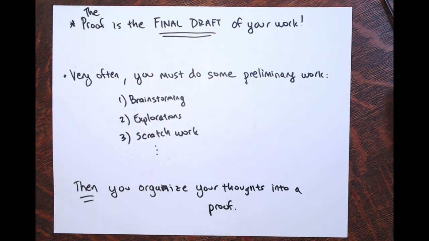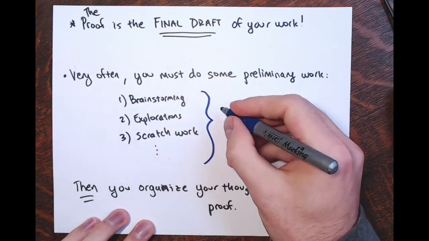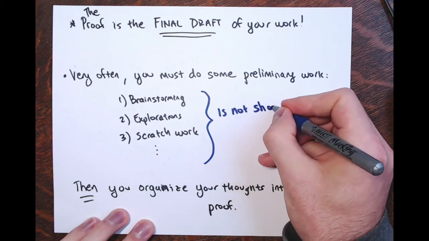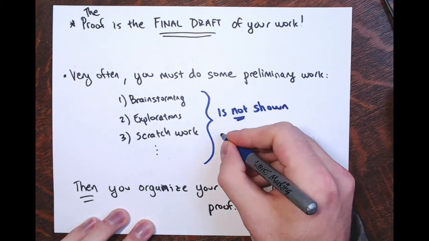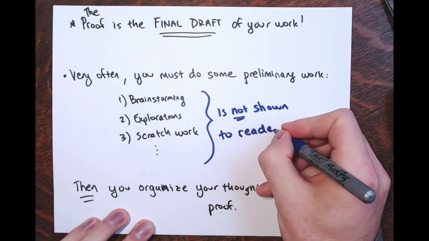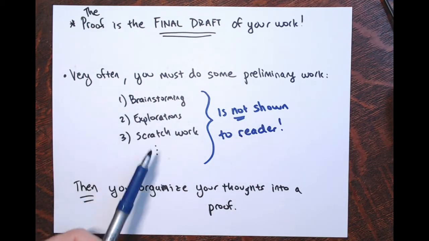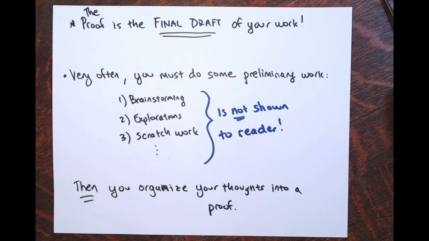Don't show the reader this. Do not show the reader. This stuff is not shown to the reader. The reader doesn't want to see that. Now, sometimes, if the reader's curious, they'll ask whoever wrote the proof, how did you do this?